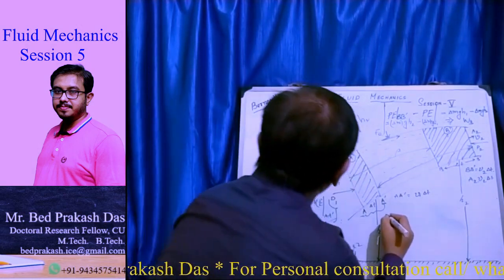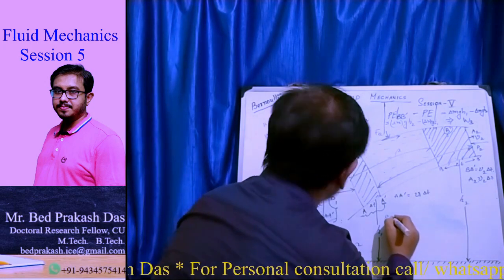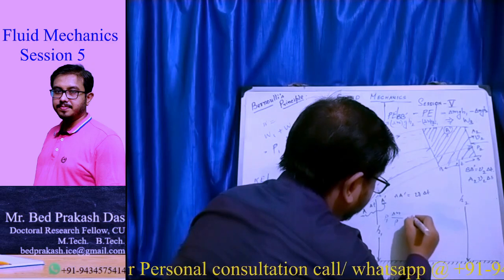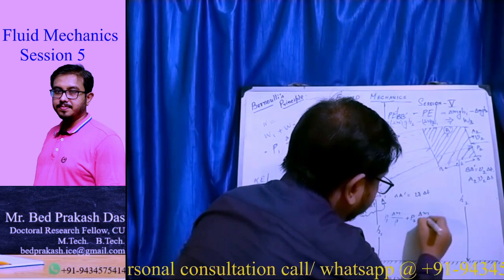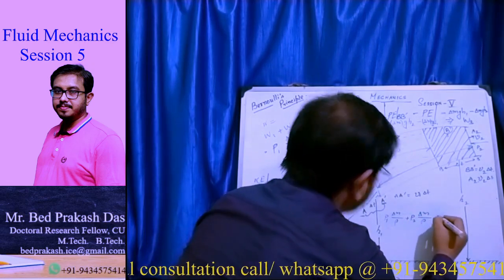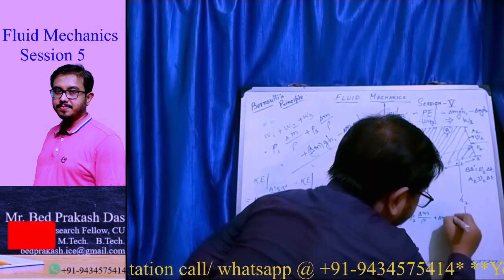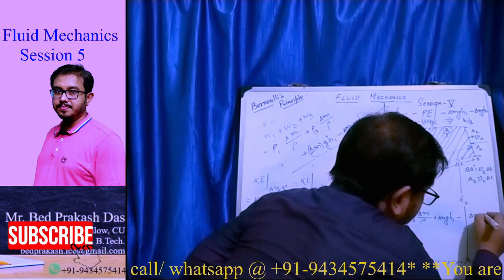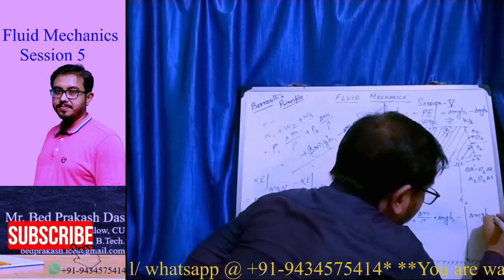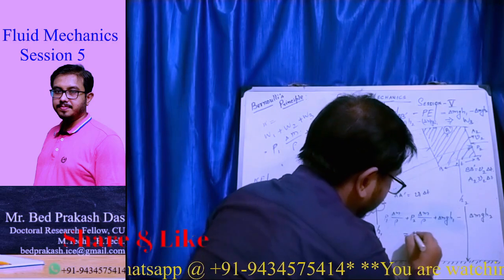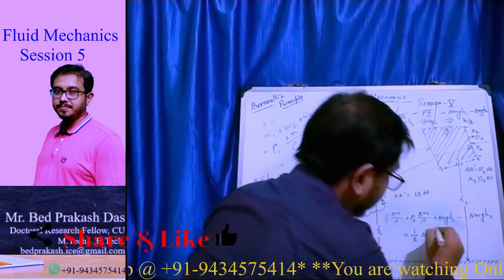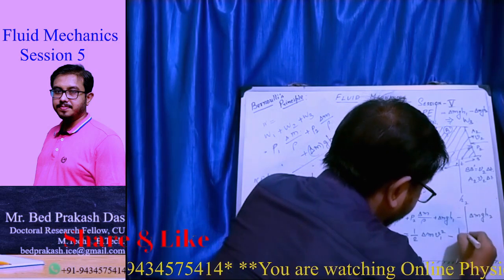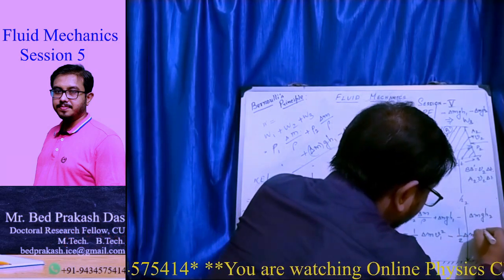We can write P1 delta m by rho plus P2 delta m by rho plus delta m gh1 minus delta m gh2 is equal to half delta m v1 square minus half delta m v2 square.